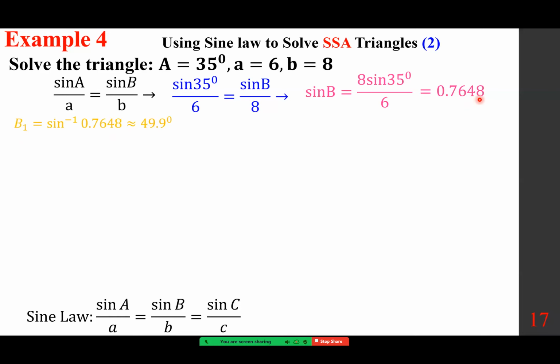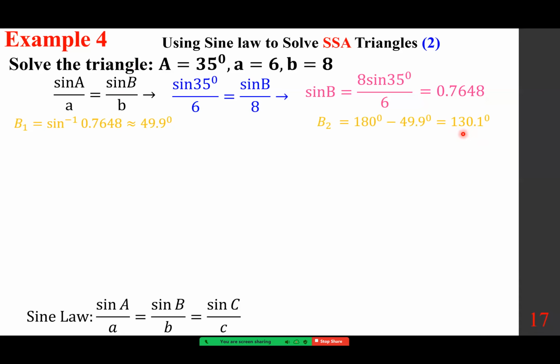So 180 minus 49.9 is almost 130, so 130.1 degrees. Now, does this work or not? In other words, we can definitely work on this and finish it. What about this one? Does this work or not? Can we work on this? Anybody? Do you think it works?